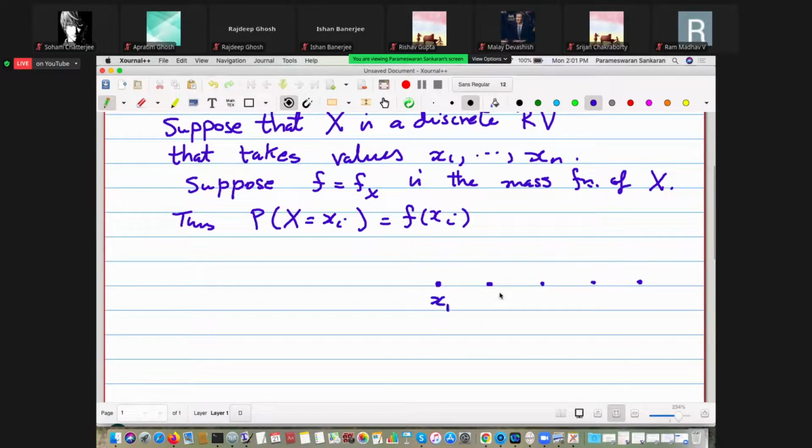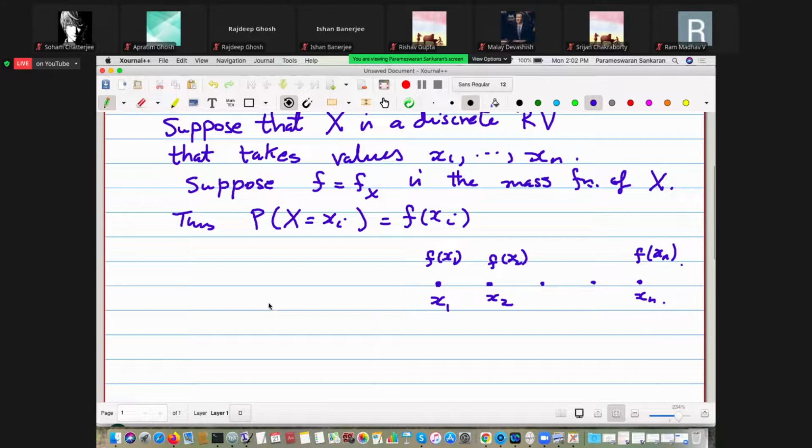Let us say x1, x2, xn, and this has mass f of x1, and this has mass f of x2, and so on. So this has mass f of xn.